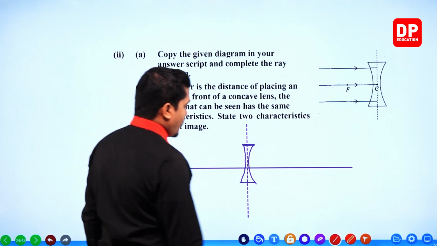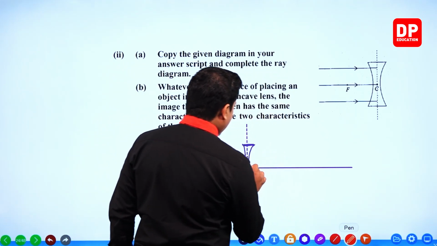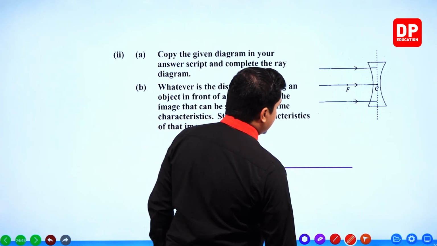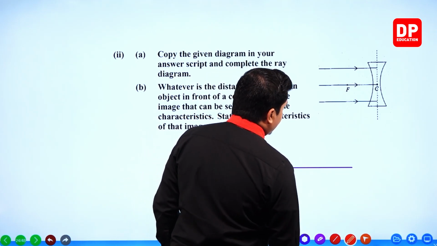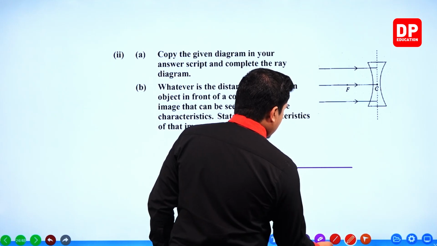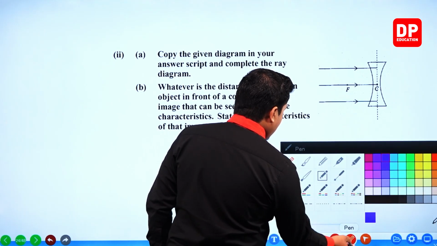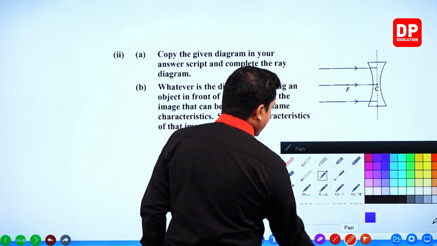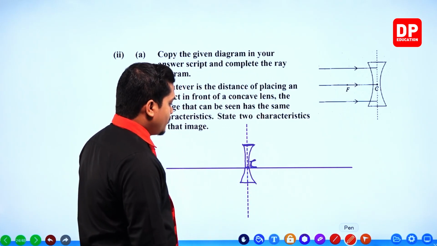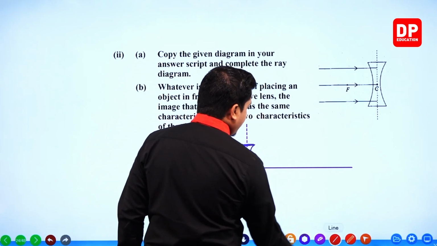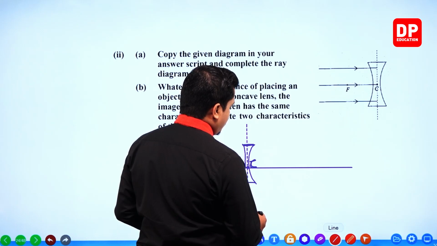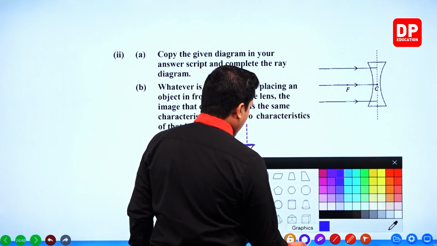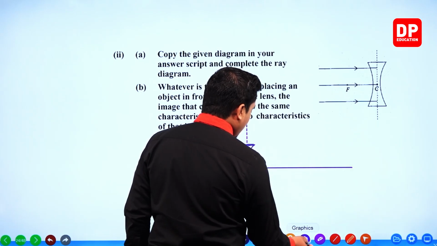Then the point where that line intersects the principal axis is named C, which is the optic center. Then we need to mark the focal points on either side. When marking the focal point, it's important to take a certain measurement and include the focal point over here. That's the better thing to do.